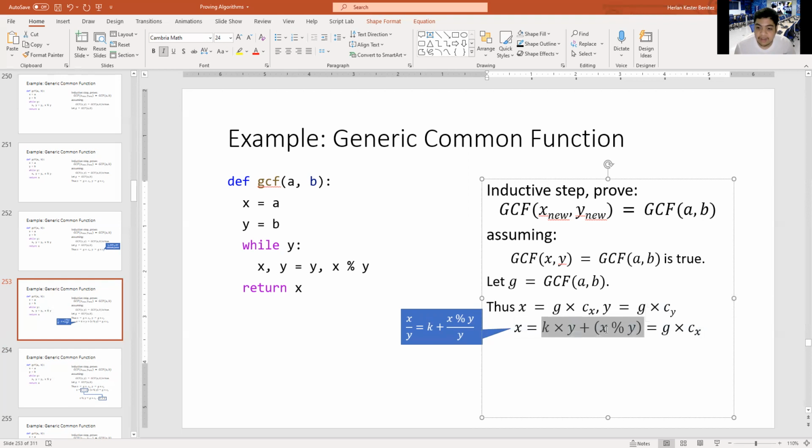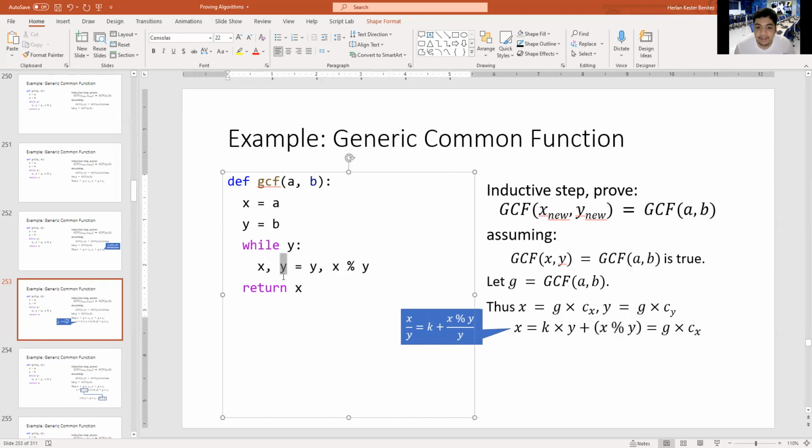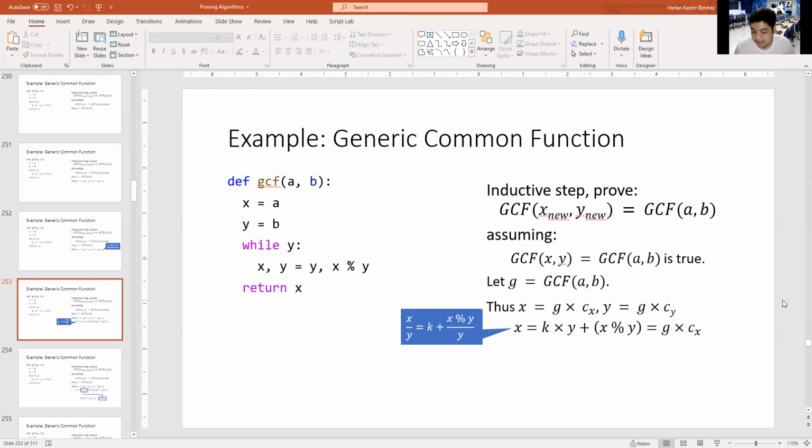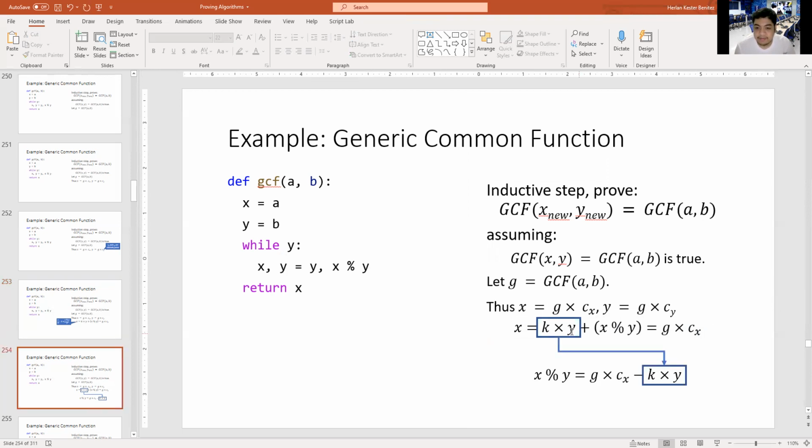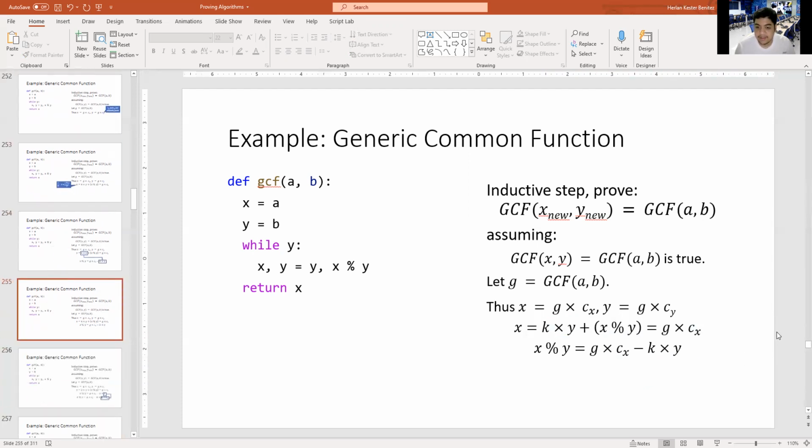And ayan, given this equation, we actually want to isolate x modulo y kasi siya yung statement natin for the bagong value y. So, ililipat ko lang si k times y sa right-hand side. So, may minus k times y. And then, so ito yon. So, nilipat ko si k times y sa right-hand side. So, our equation now reads x modulo y is equal to g times cx minus k times y.